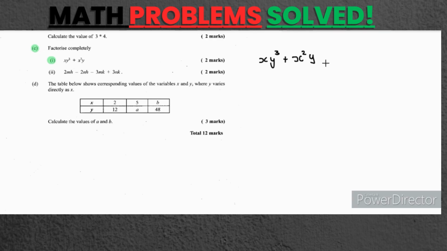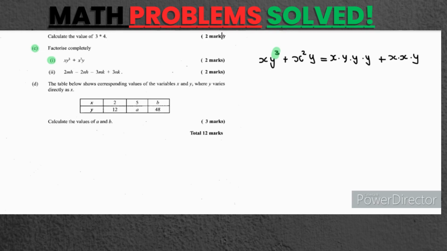So to simplify it, I will write that x, what's y to the power of 3 means? Y to the power of 3 means just y times y times y, right? And what does x squared mean here? x times x and y.